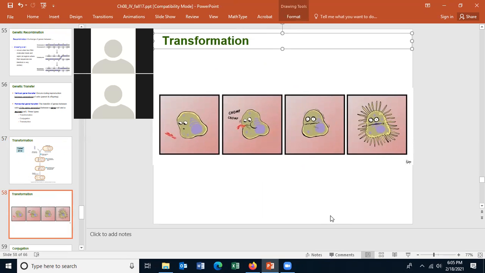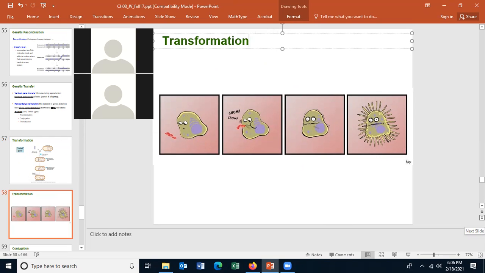Any question about that? And I'm not going to get into it, but whenever the cell changes its phenotype, we say it is transformed. Okay? Any questions about any of that? That is the first way that genetic transfer can happen.